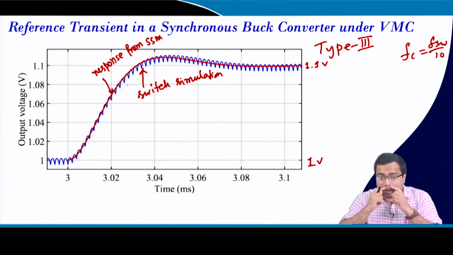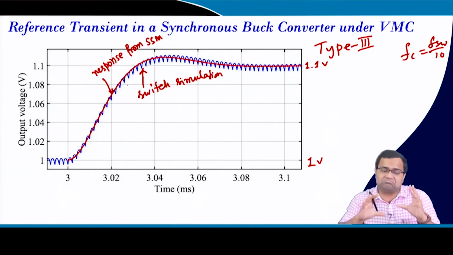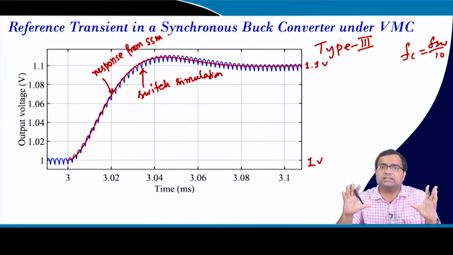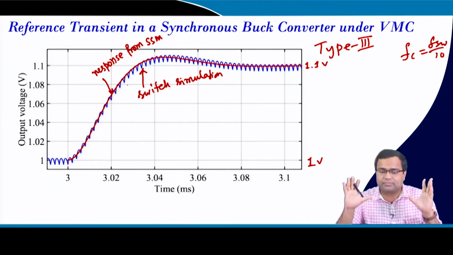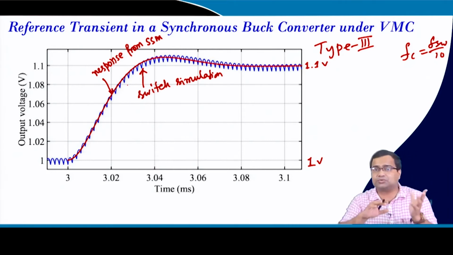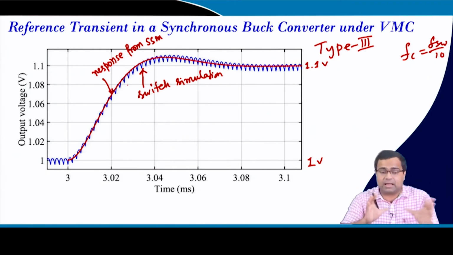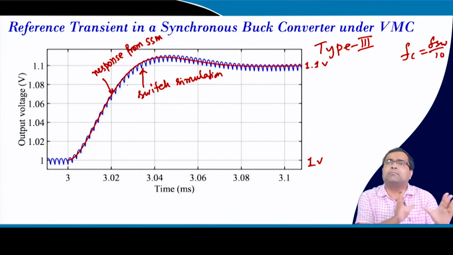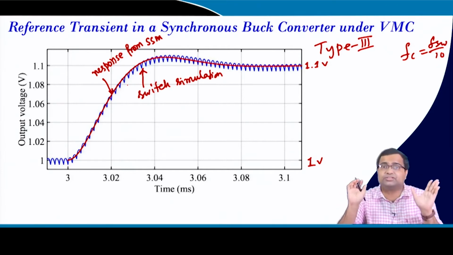That means we can develop a model which can more or less capture the transient response behavior of the DC-DC converter, and we can predict the overshoot, undershoot and settling time simply from a linear model without going to the switching converter.